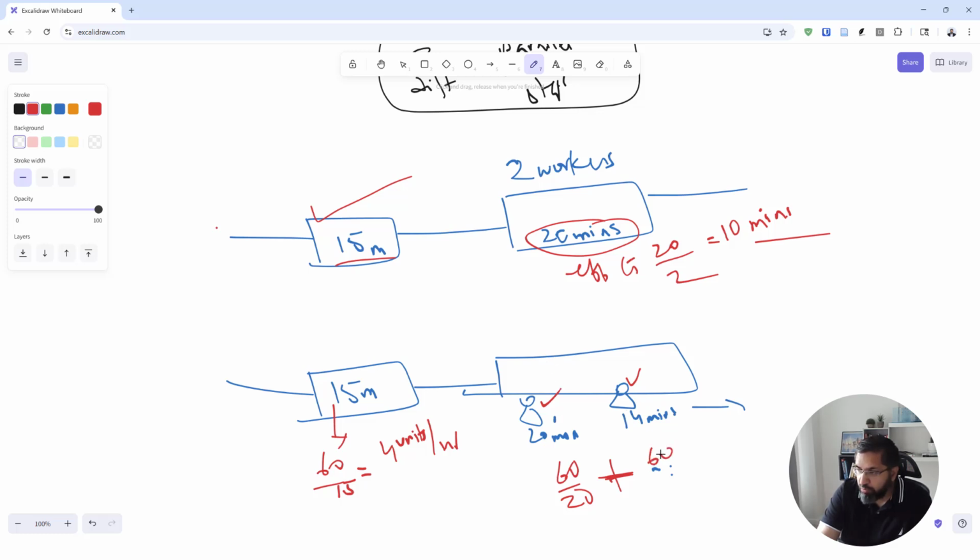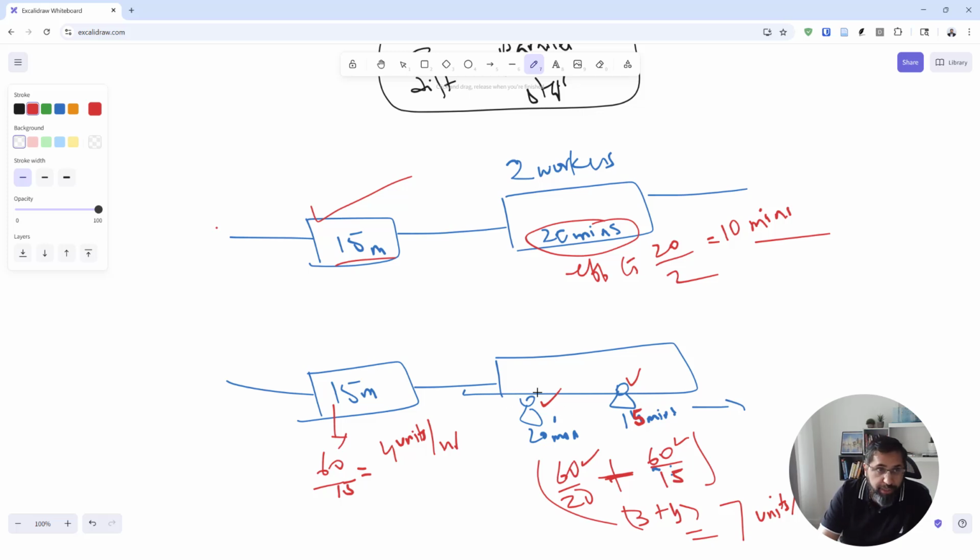That's going to be 60 over 14. Let's make it 15 so it's easier to calculate. 60 over 15. So this is going to be 3, this is going to be 4, so 3 plus 4 equals 7 units per hour.